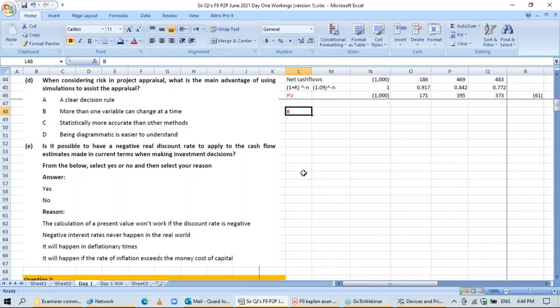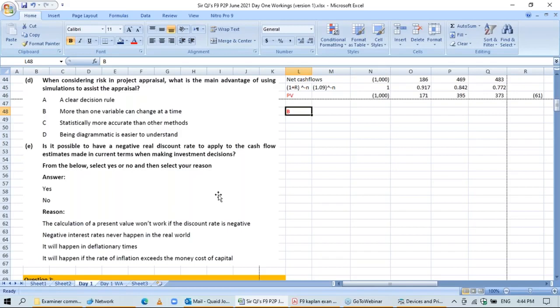Let me repeat: if there is a positive inflation rate, the money rate will be greater than the real rate. But if the inflation rate is negative, then the money rate will be lowered, and it can get negative if the inflation rate exceeds the real rate, discount rate.